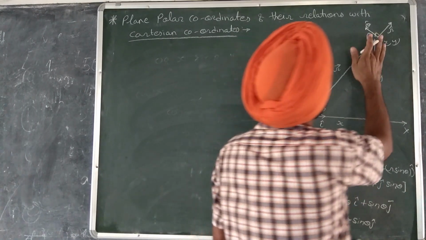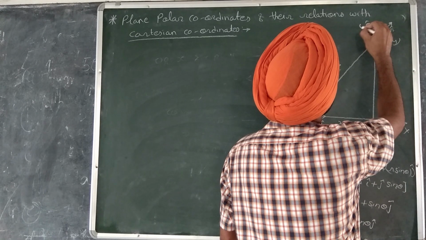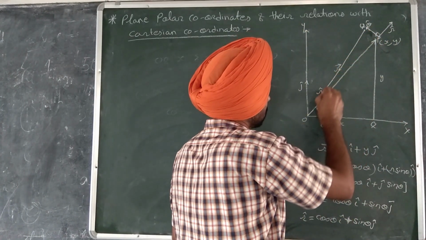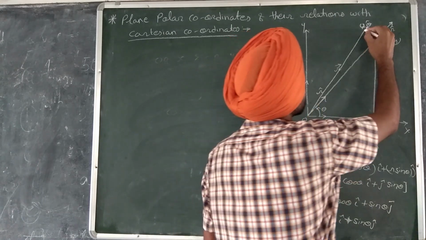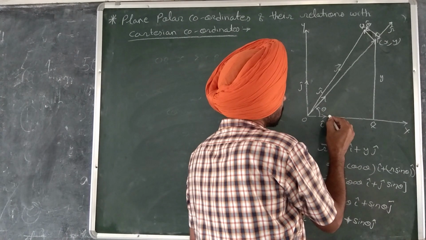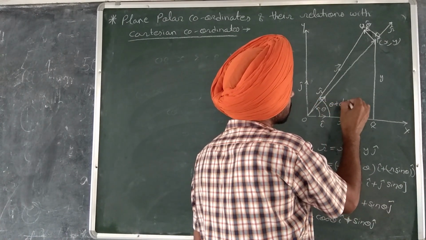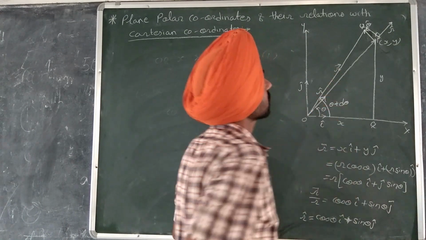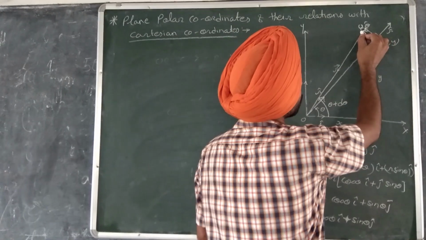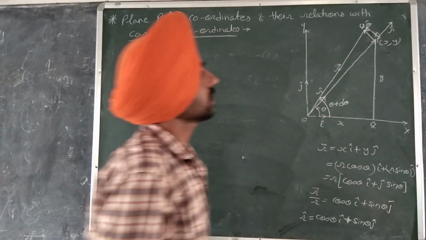So we change our position from P to Q. That means there is a change in angle from theta to theta plus d theta, and r is constant. So we move from point P to Q by changing our angle from theta to theta plus d theta.